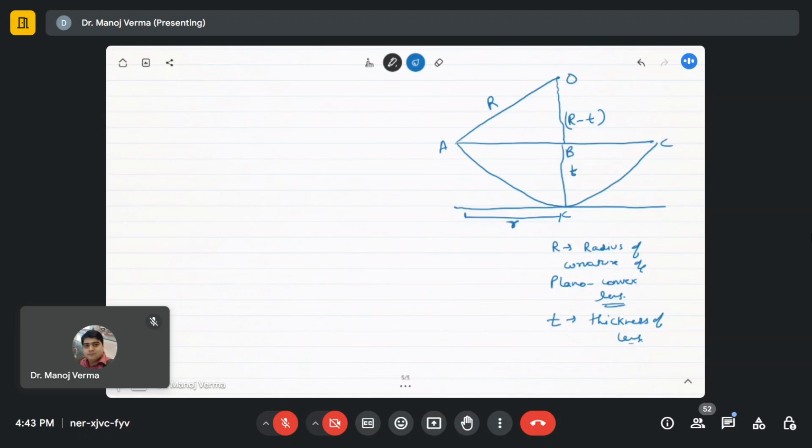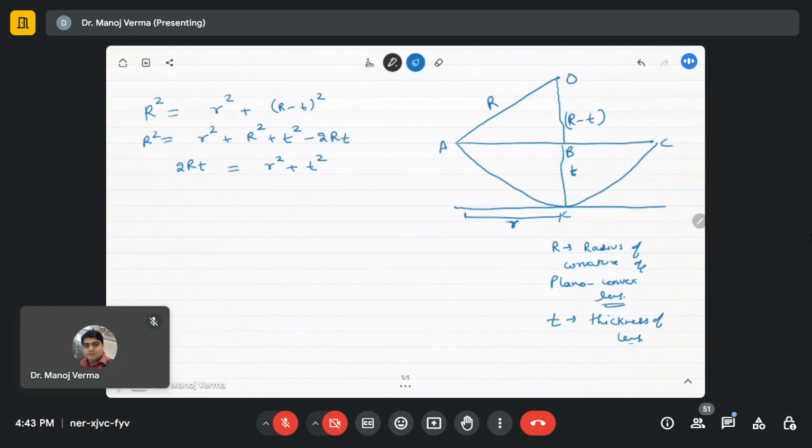So in triangle OAB, R square will be equal to small r square plus (R minus t) square. If I open this bracket, it will be r square plus R square plus t square minus 2Rt. So 2Rt will be equal to r square plus t square.